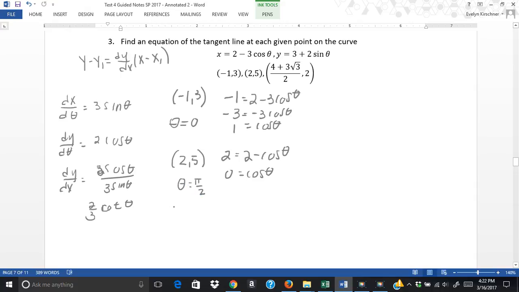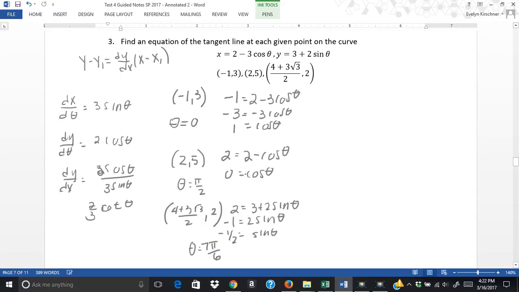And finally, at the point 4 plus 3 radical 3 over 2, 2, I can use a sine, so I know that 2 is 3 plus 2 sine theta, or -1 is 2 sine theta, and so sine theta is -1/2, which gives me a theta of 7 pi over 6.